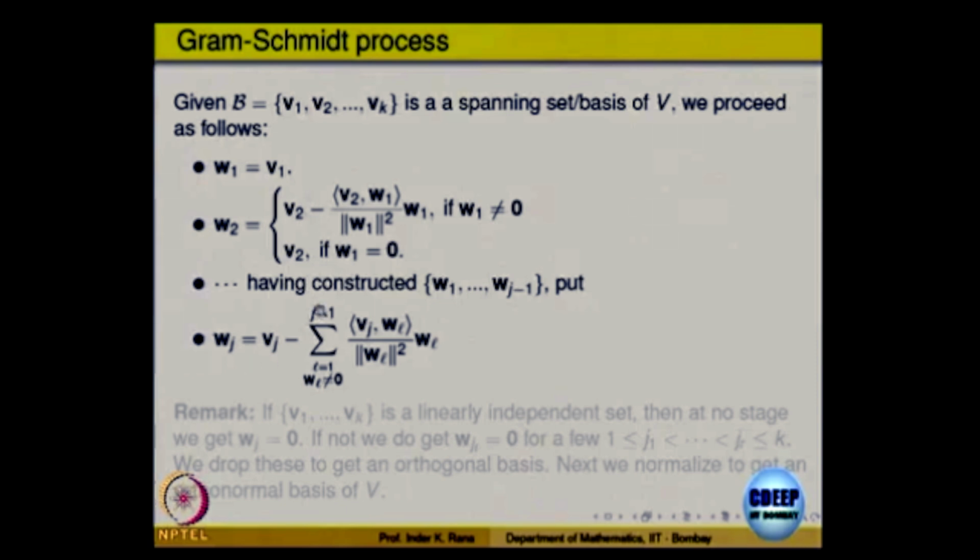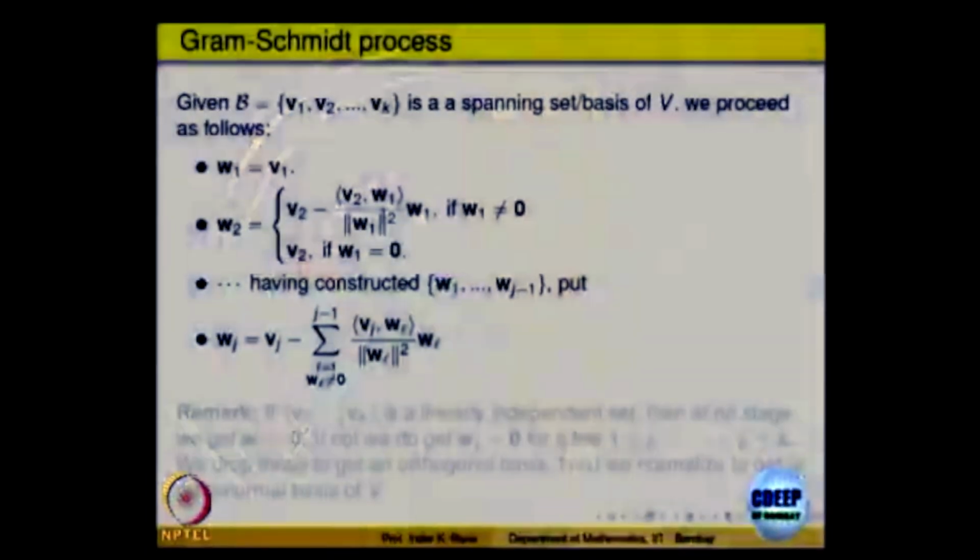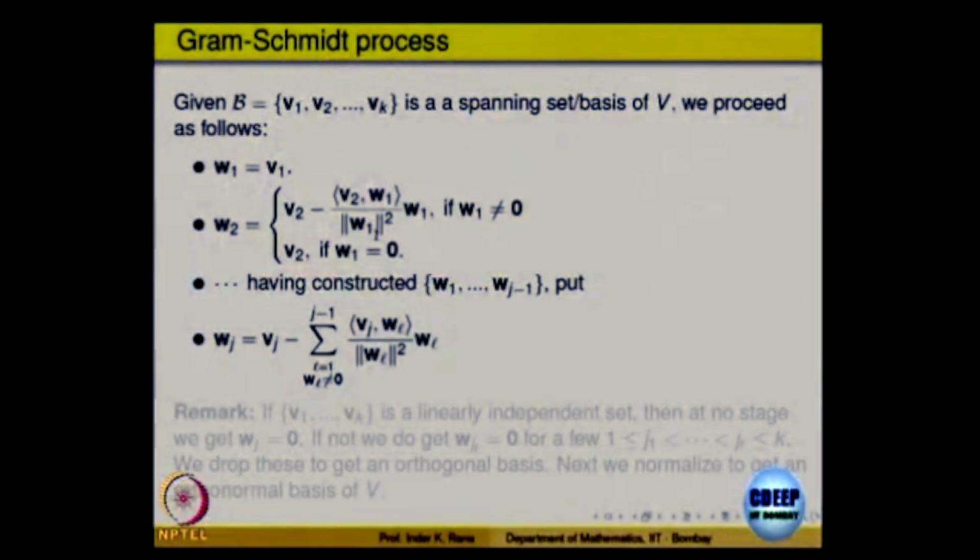So this is an algorithm which you can compute successively: the first one as it is, the second one remove the projection. What is the projection? The inner product of V2 and W1 divided by the norm of W1 squared, times W1, right, and this is the jth one, and so on. So you will finish the induction when you have reached K. It is an inductive step: using the first one you construct the second one, for the third one you use the first and the second which you have already constructed.